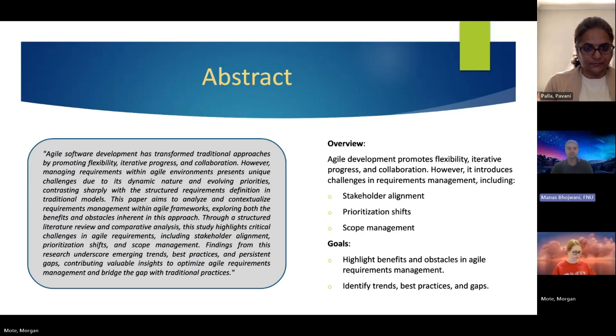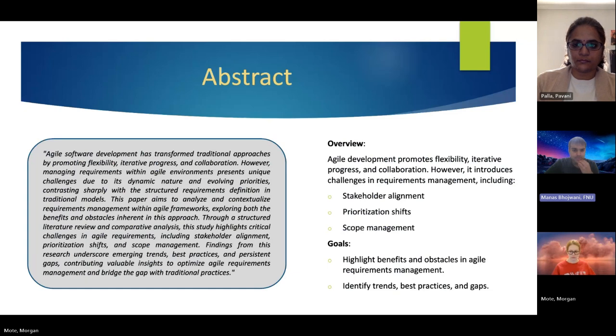However, this dynamic also presents significant challenges. Managing requirements in Agile is complex due to its shifting nature, and these challenges include scope creep, resource misallocation, and fragmented goals, as you guys can see.